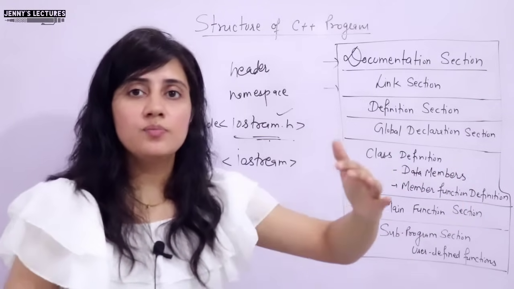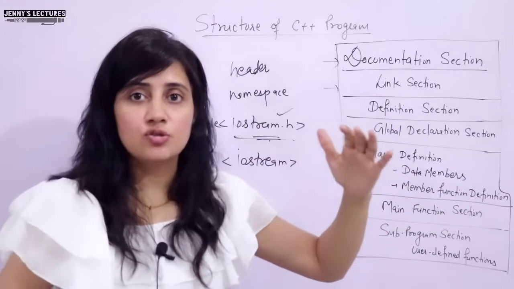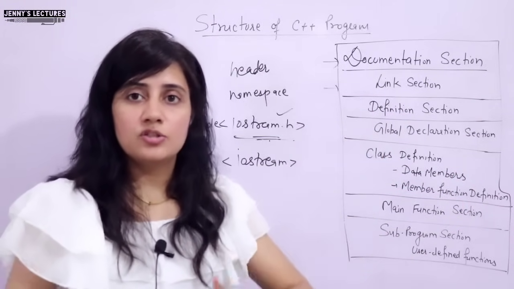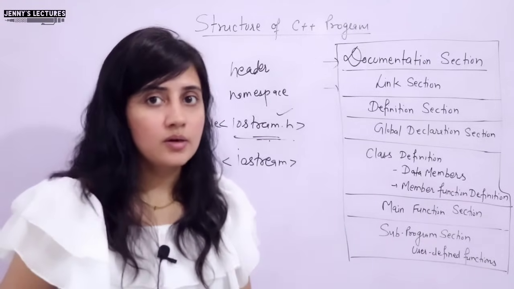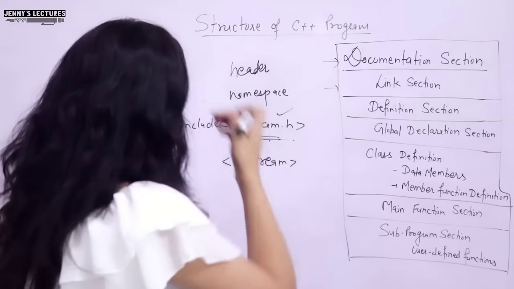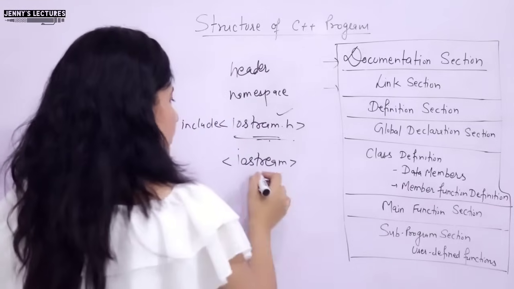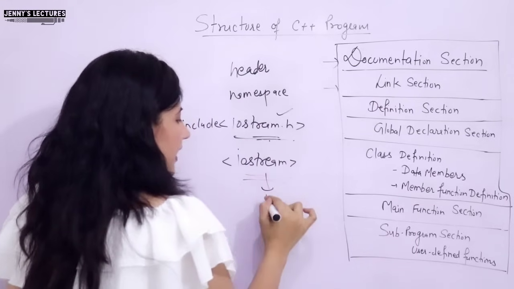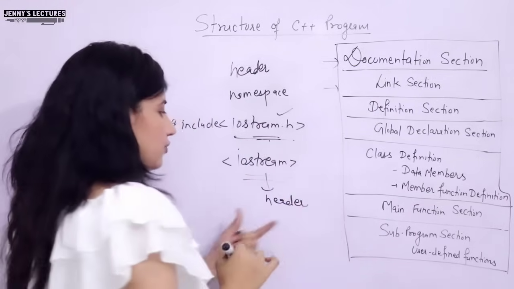In namespaces we have the definition and declaration of these things: objects, classes, functions, constants. After C++ got standardized, we use this, and it is known as a header, not a header file.